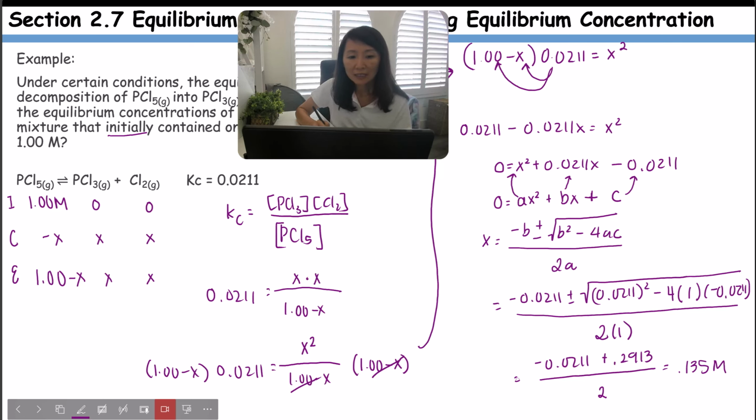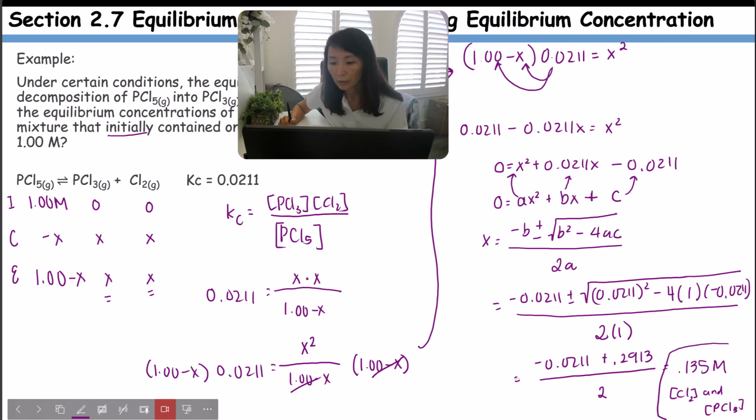This X represents chlorine, and this represents the PCl3 at equilibrium. So this is the concentration of Cl2 and PCl3. So we got the product component. What about the reactant component? Well, the reactant is PCl5.